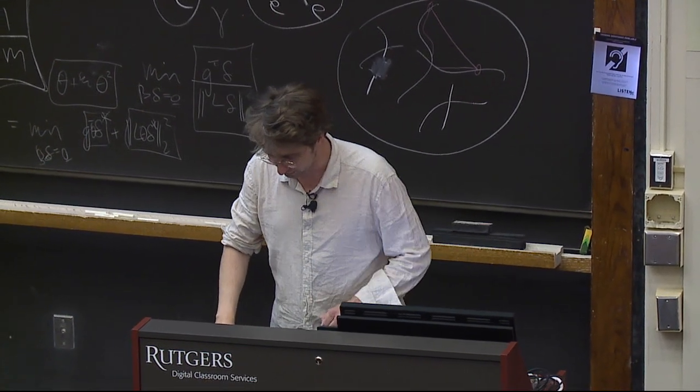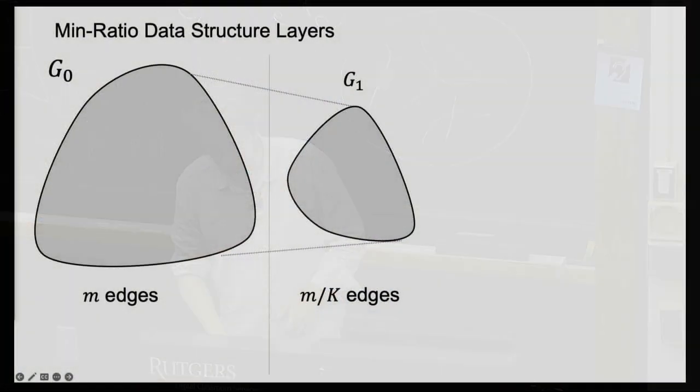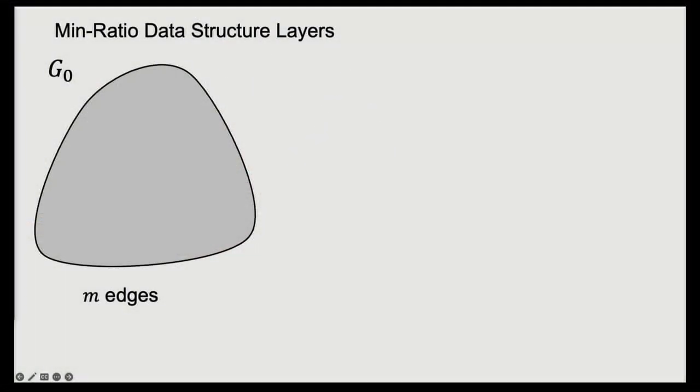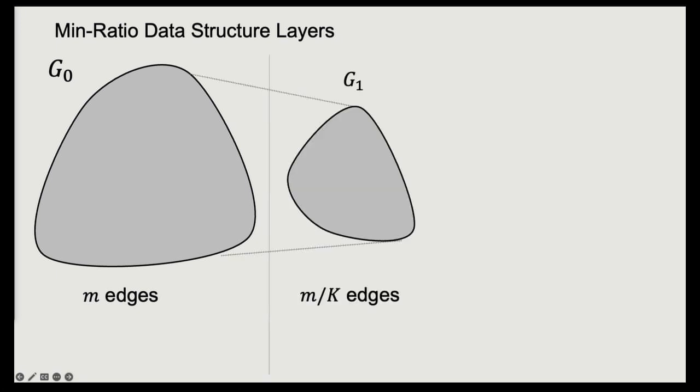Okay, so overall though, we're going to start with our initial graph. Then we're going to do this vertex contraction business to get a graph with fewer vertices. Then we're going to do something else to throw edges away, and now we have a graph with both fewer vertices and fewer edges. So that gives us our next smaller graph.